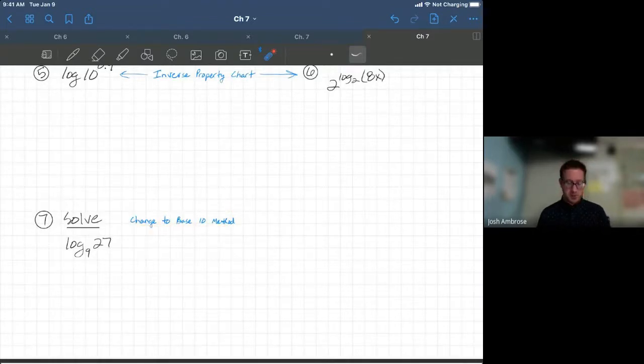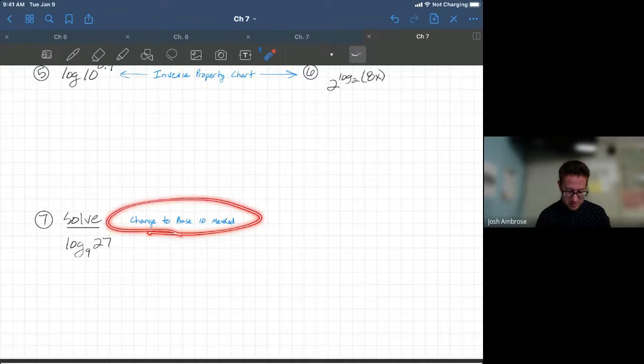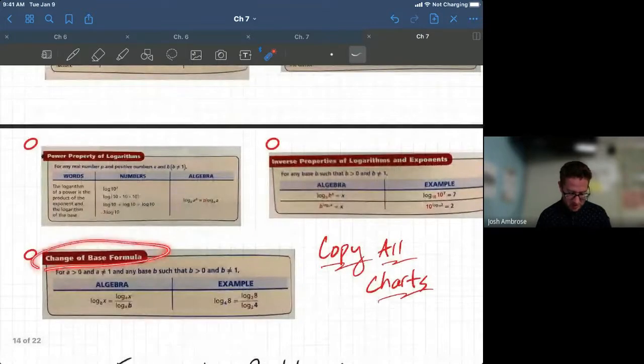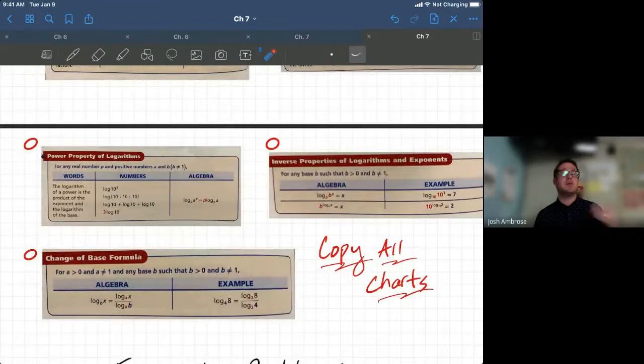So this change to a base 10 method is what goes right here with the change the base formula. I'm going to show you how to do it with the change to a base 10 and stick to that. Now the textbook shows you one other method. I don't prefer method 2. So if you look at the textbook, I'm focusing on method 1, which is change to a base 10.